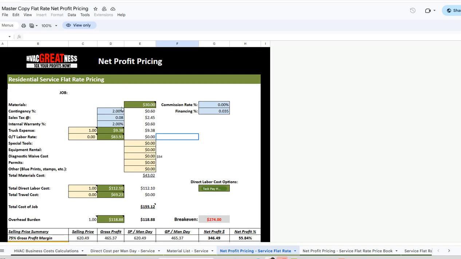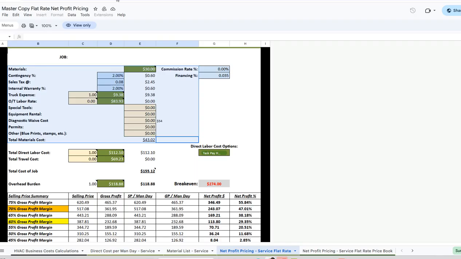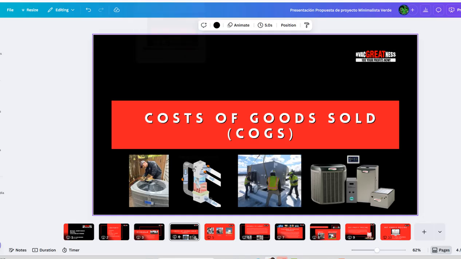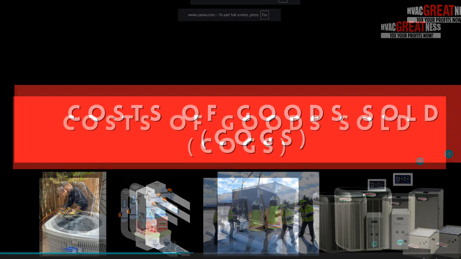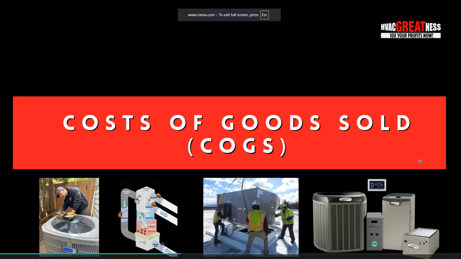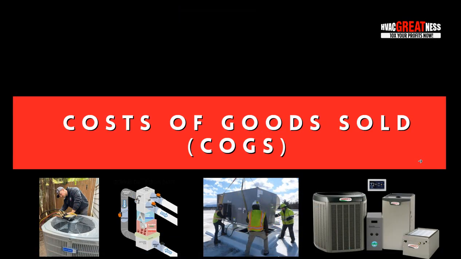The point is that we want to separate this from our overhead in order to actually understand what kind of money we're making on these. So the idea is to make sure that we understand what goes into the job and what's actually paid into the office.